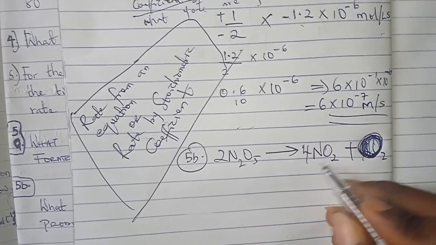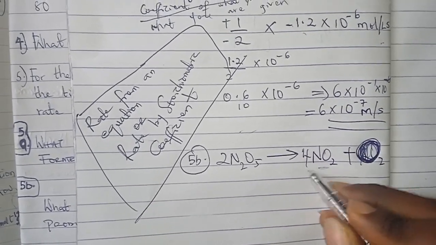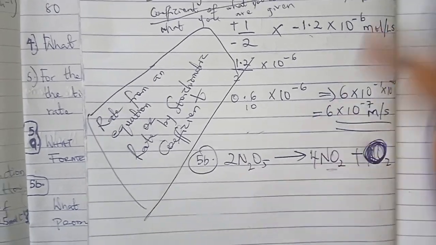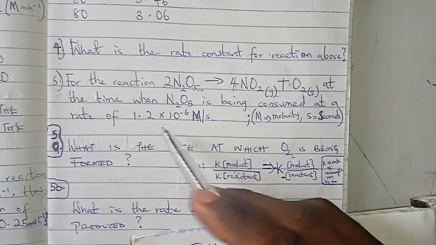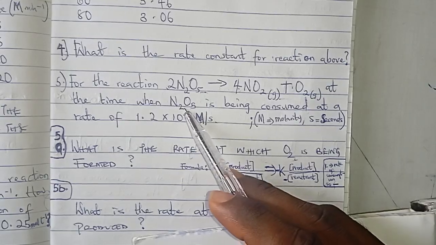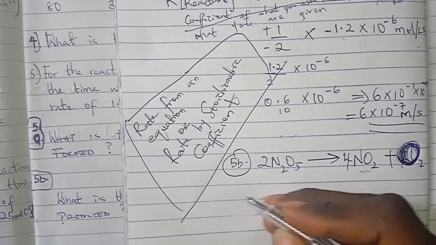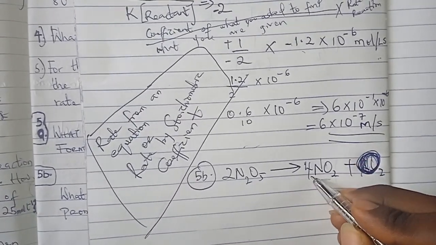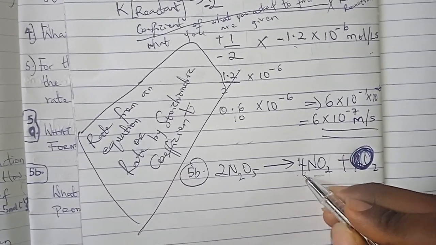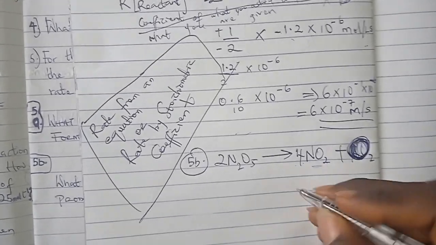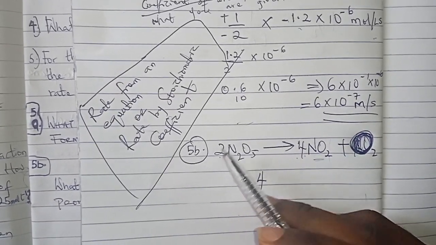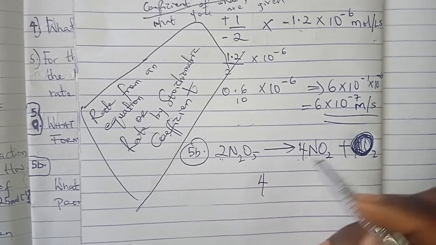Now they're asking what is the rate at which NO2 is being produced. Remember that we are given a rate of consumption, where this one is decomposing at 1.2 times 10 raised to the power minus 6. The coefficient of NO2 here is simply 4, and that is what we are asked to find. Assuming they asked us the rate of another one, we'd use that one against whatever it is.